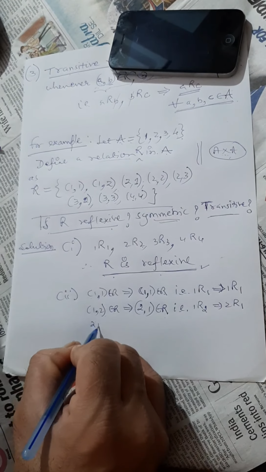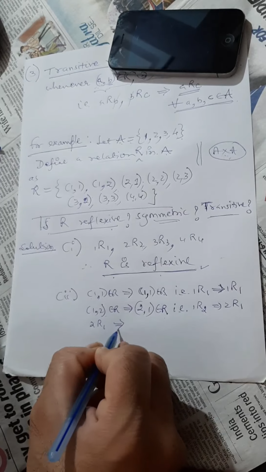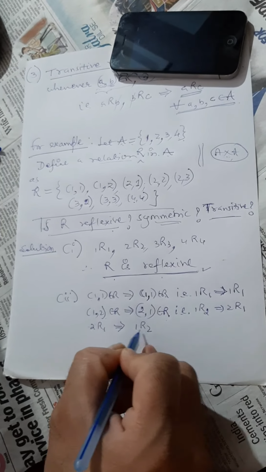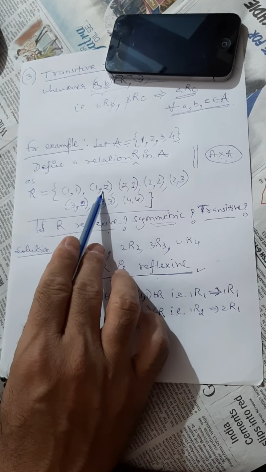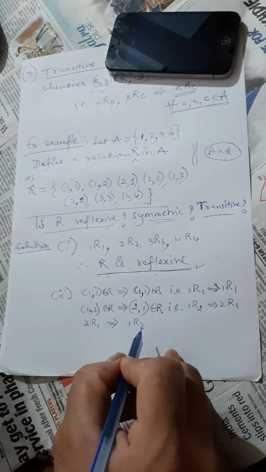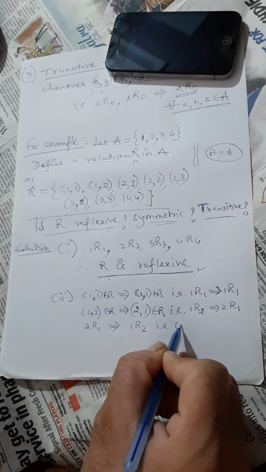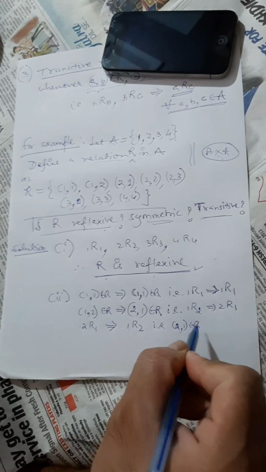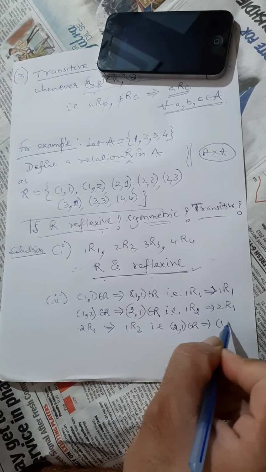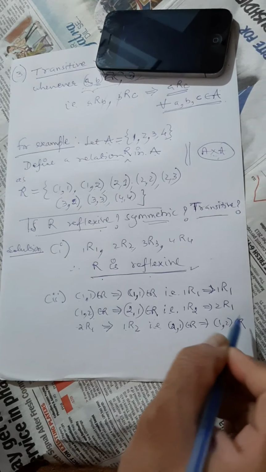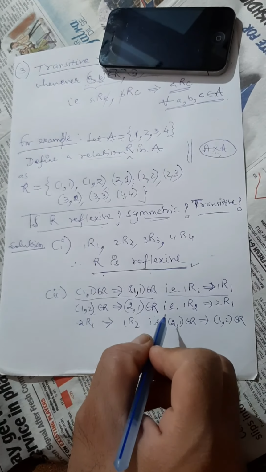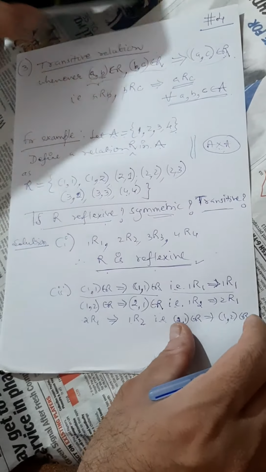If I take 2 related to 1, check the reverse. What's the reverse? 1 related to 2, that is 1 comma 2, which is also there. Then you can write it like this also. Remember, 2 comma 1 is a member of the relation set R. Its reverse 1 comma 2 is also a member of the relation set R. You can use this symbol or this symbol freely, not both. Remember, I'm just showing it for your information.